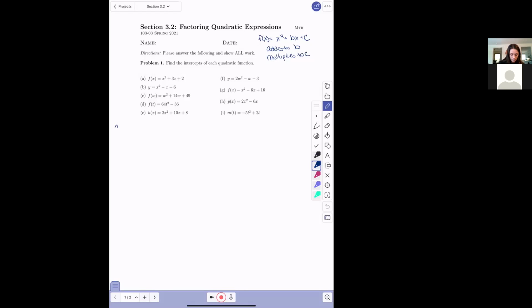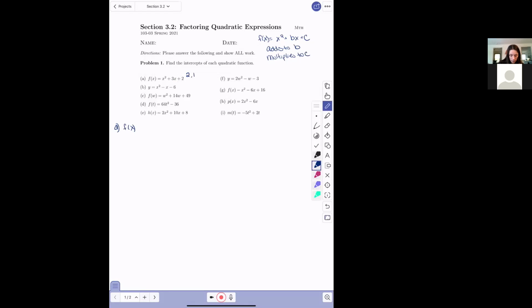So for part A, we have f of x equals x squared plus 3x plus 2. So we want something that adds to 3 and multiplies to 2. So what adds to 3 and multiplies to 2? 2 and 1.